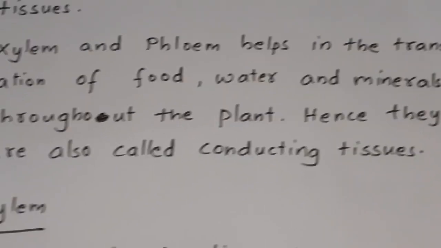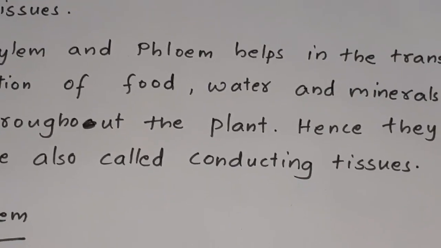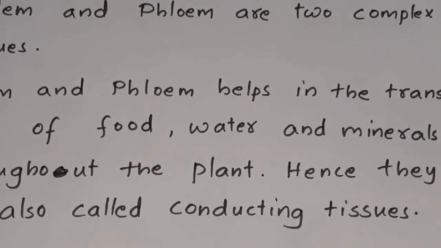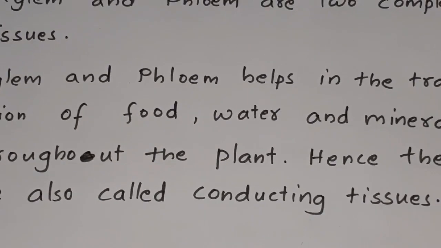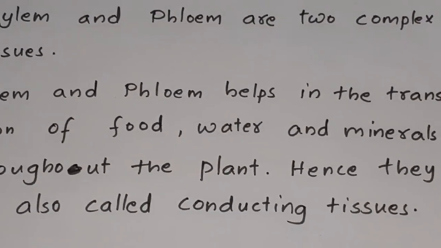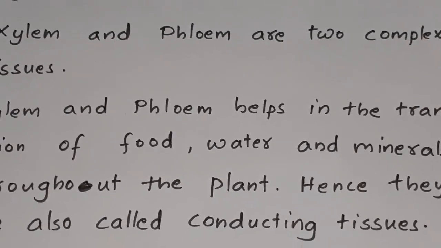The xylem and phloem, what is the main function? Transportation of not only food, but also water and minerals. Because the water they are getting from the soil is used by leaves. From the soil the water needs to reach the leaves.